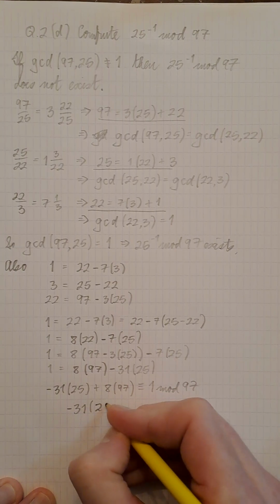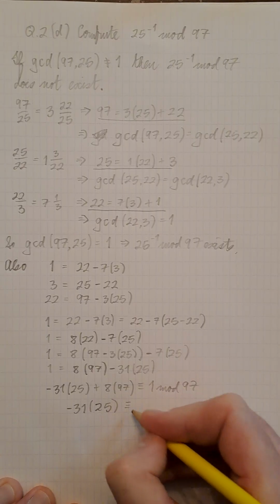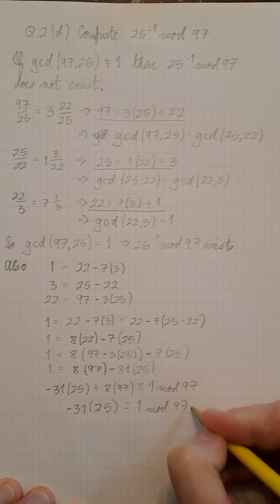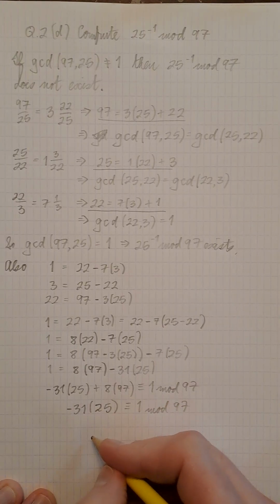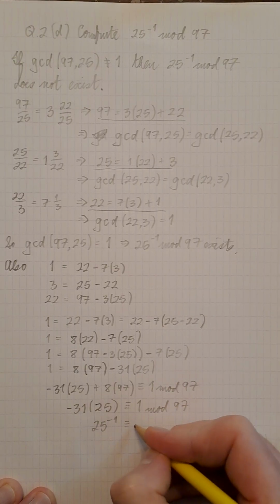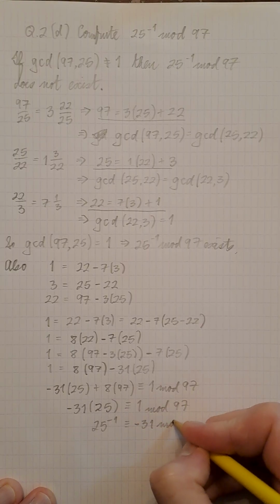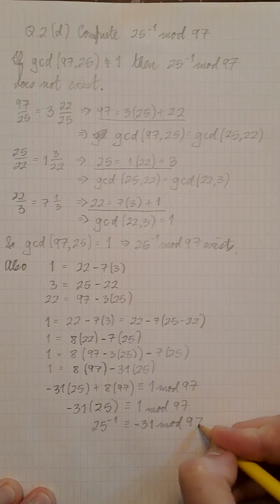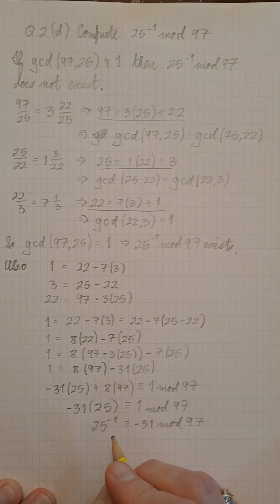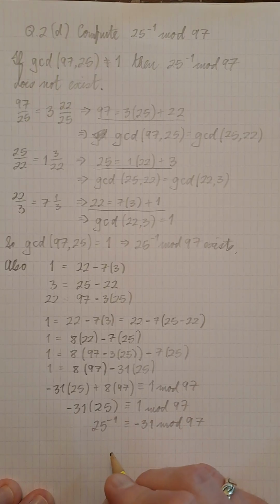So minus 31 times 25 is congruent to 1 mod 97. Therefore, the inverse of 25 is congruent to minus 31 mod 97, because that's exactly what the inverse means, the number that multiplies 25 to give 1 in modulo 97 arithmetic.